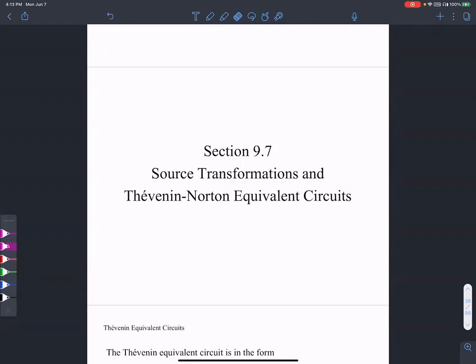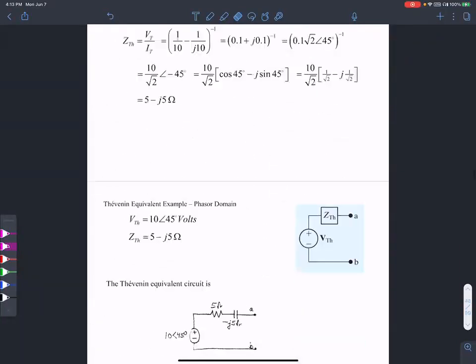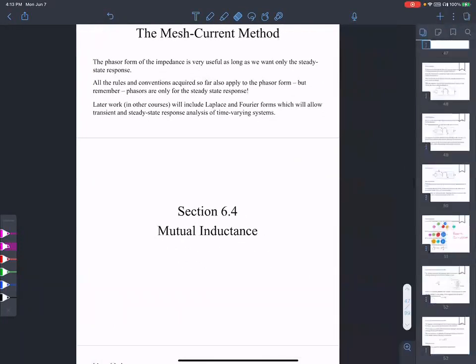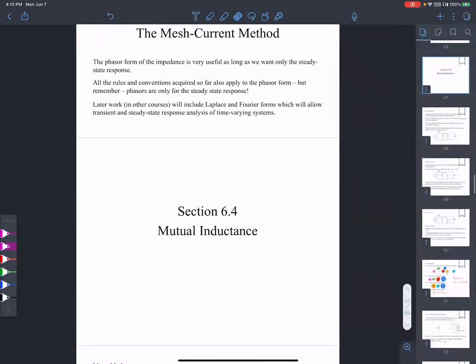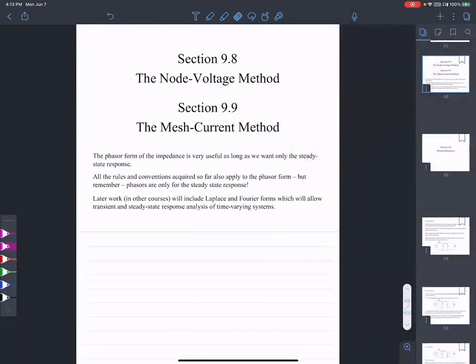Now from there, let's see if we can visit a new topic today. The textbook says the topic is 9.10, I think. 9.10. Let me add a page here. This is the cool thing about the Notability app.